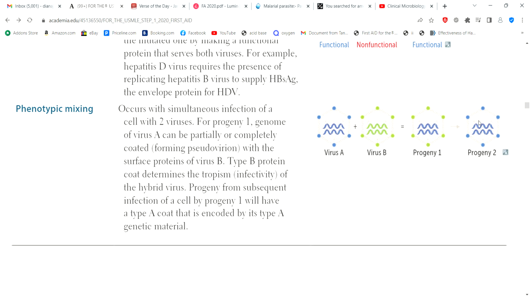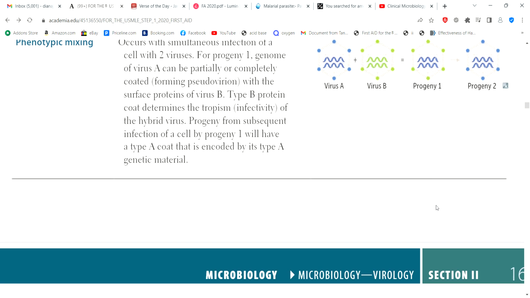The DNA is blue, which is why the coat is also blue. I hope that made sense. That's phenotype mixing. Okay, next.